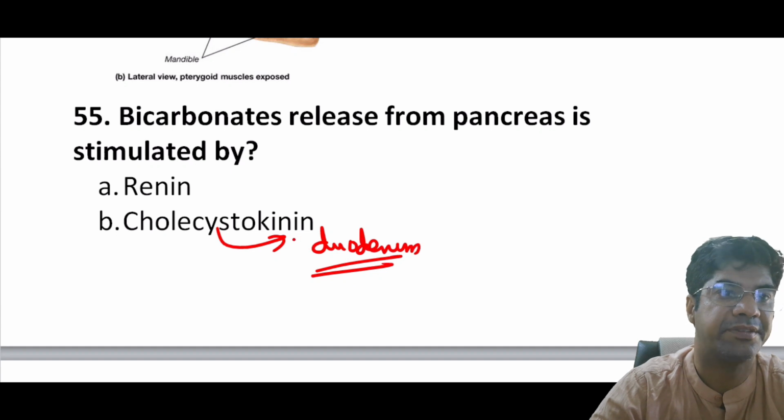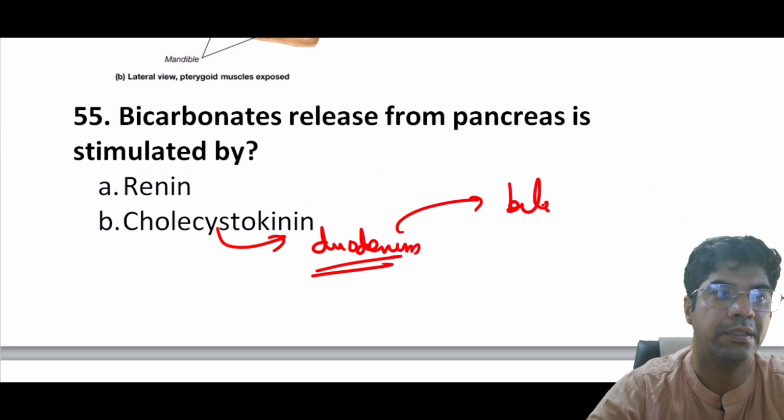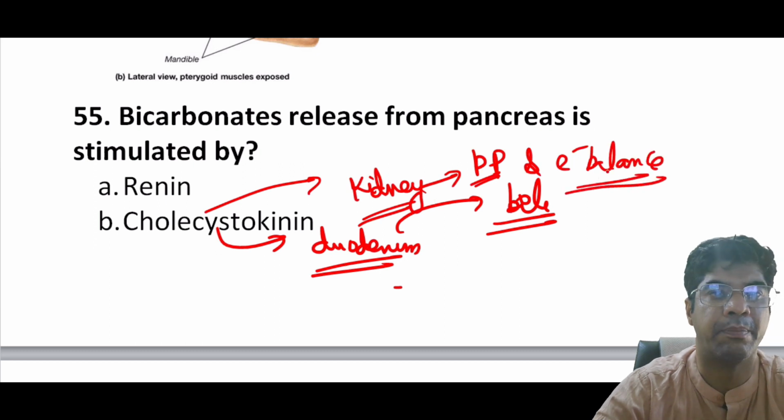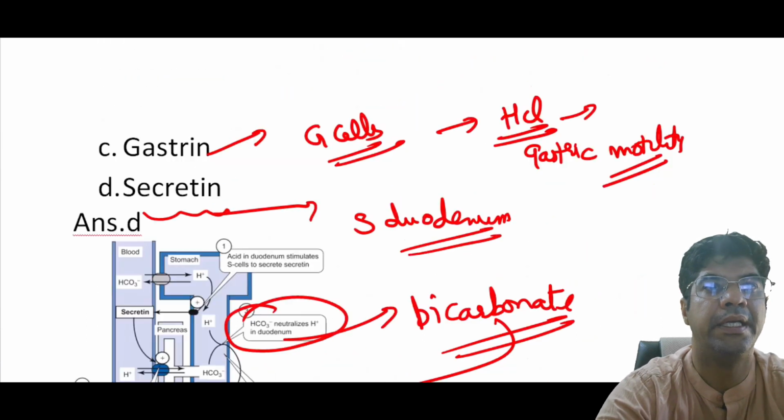So it stimulates the gallbladder to contract and release the bile, and it stimulates the pancreas to secrete digestive enzymes. The renin, it is an enzyme secreted by the kidney that plays a role in blood pressure and electrolyte balance. And it does not influence the pancreatic bicarbonate secretion. So your answer would be D.